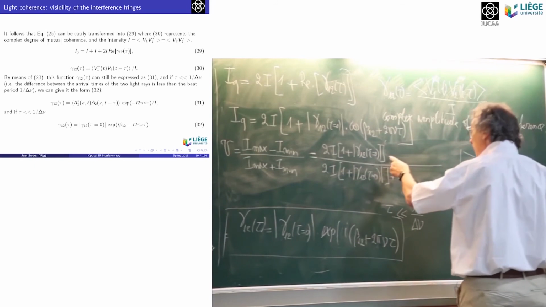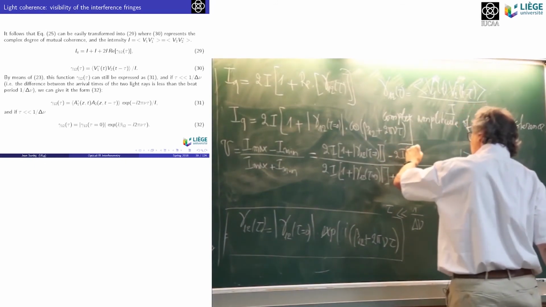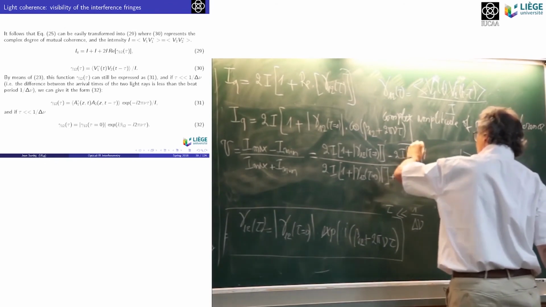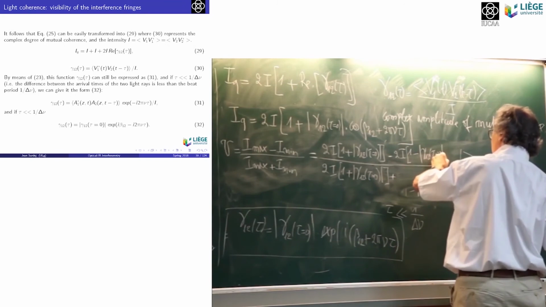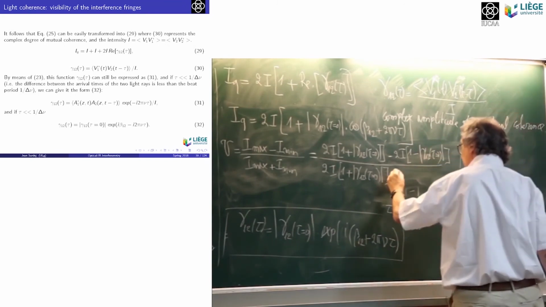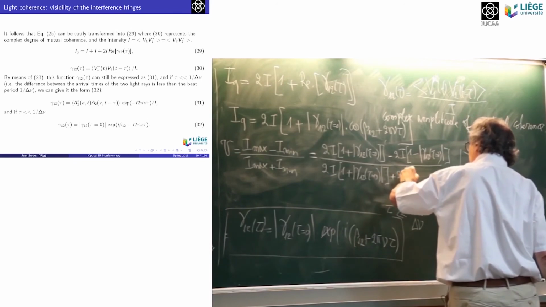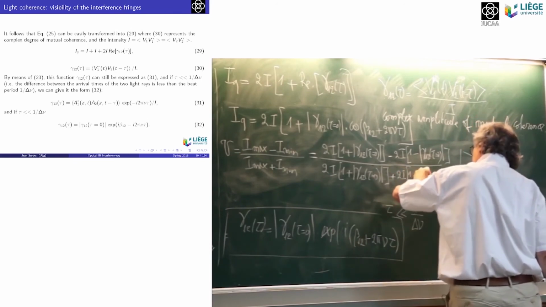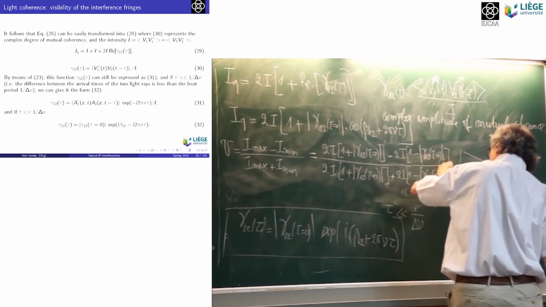So here it will be minus 2i multiplied by 1 minus module of gamma 1, 2 for tau equals 0. And here, same, plus 2i 1 minus module gamma 1, 2 for tau equals 0, like that.